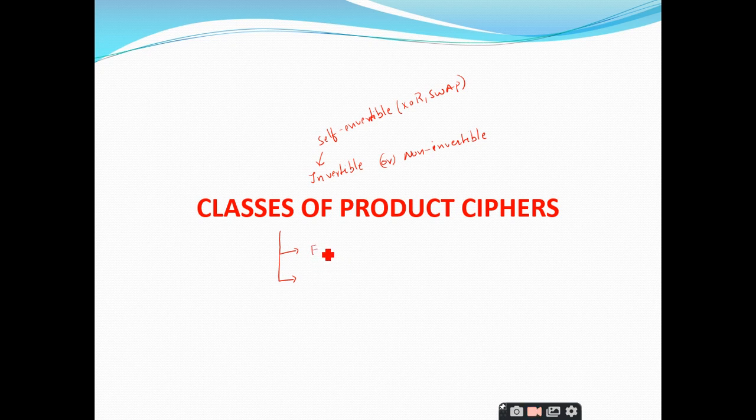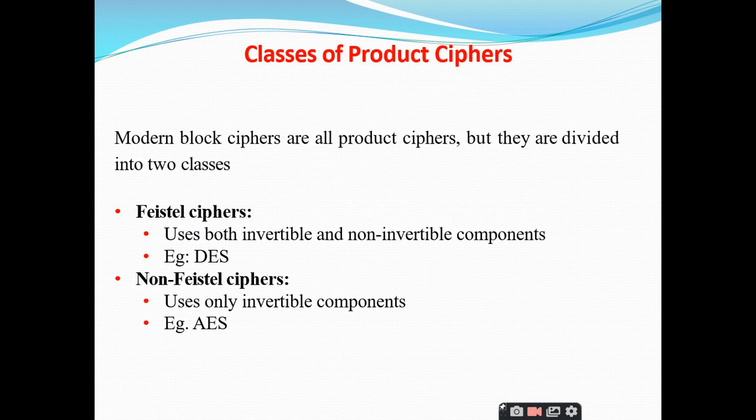So it is divided as the Feistel ciphers and non-Feistel ciphers. This Feistel is nothing but the name of the scientist who invented this category of product ciphers, right? Is it clear how many categories are there? Feistel and non-Feistel, only 2 categories of product ciphers are there, right? So we'll see what this Feistel cipher is and what this non-Feistel cipher is.